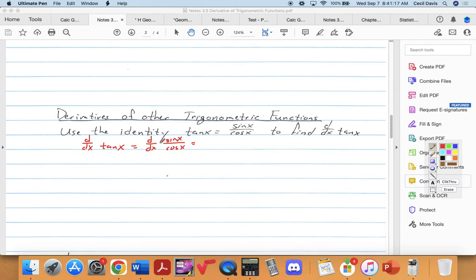And how can we take the derivative of that? Yeah, use the quotient rule. So that'll be cosine x times the derivative of sine x, which is cosine x, minus the numerator, sine of x, times the derivative of the denominator, which will be negative sine x, all over cosine of x squared.